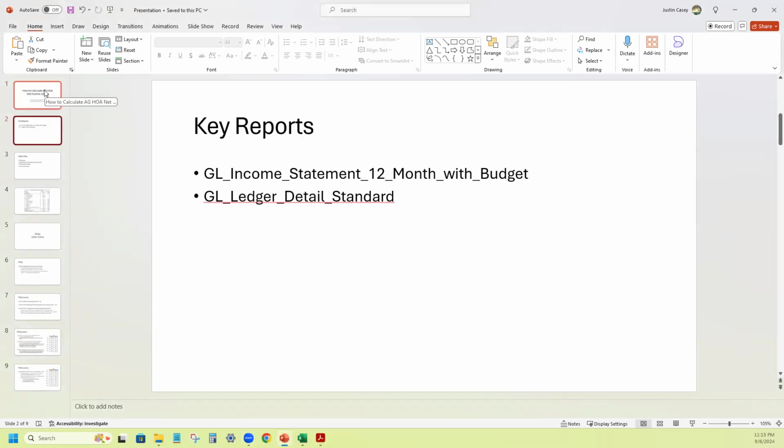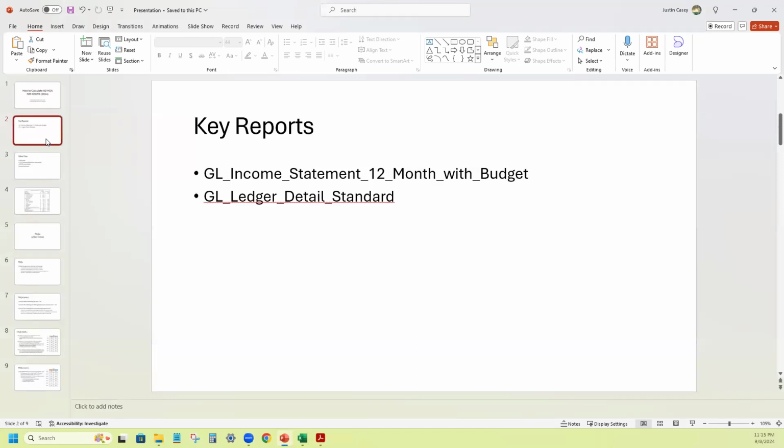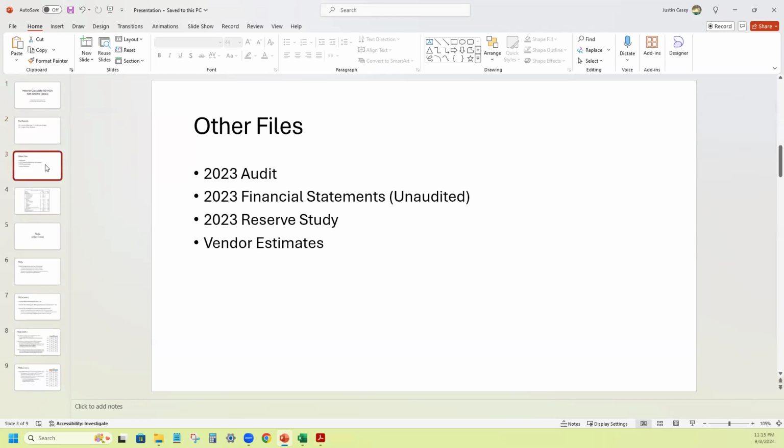The first thing we need to calculate 2023 income is two reports from AMG: a GL income statement, 12-month with budget, and a GL detail standard report, which come straight from AMG's VMS software. A couple of other files are the audits from 2022 and 2023, and AMG's financial statements, which are unaudited.